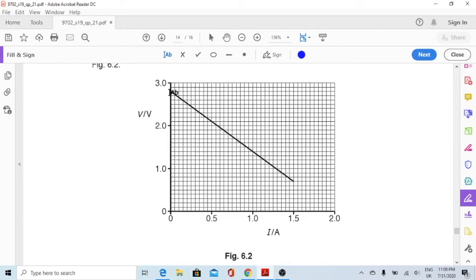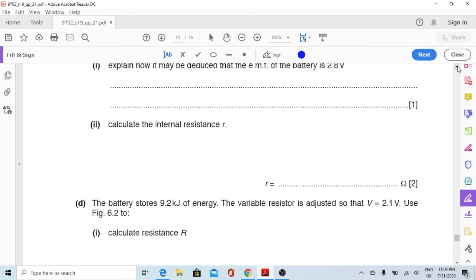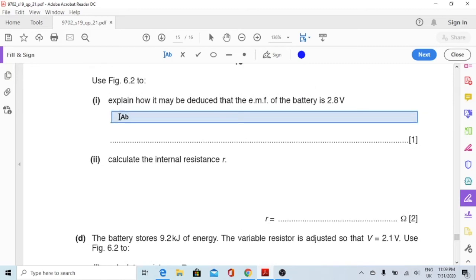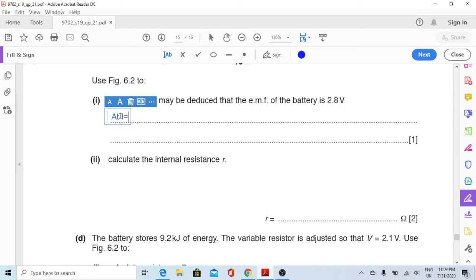When we look into the graph, when I is equal to 0 it means no volts were lost, and hence PD would be equal to EMF, and at I equals 0, voltage or PD is 2.8 volts, hence EMF is 2.8 volts. So what will I write over here? I'll write at I equal to 0, or when there is no current across the circuit, there are no lost volts.